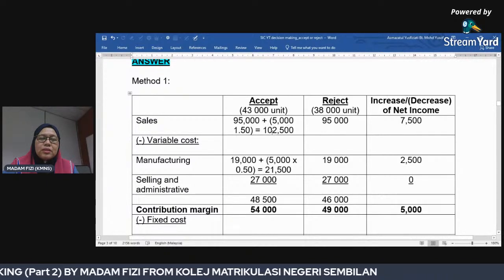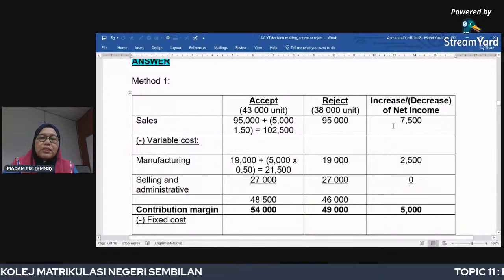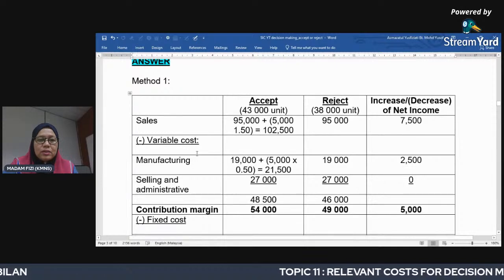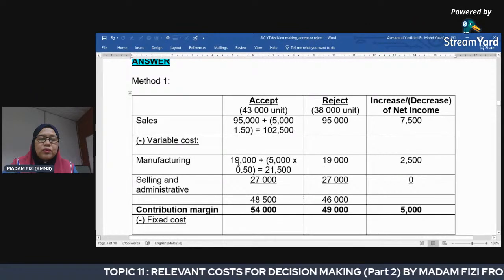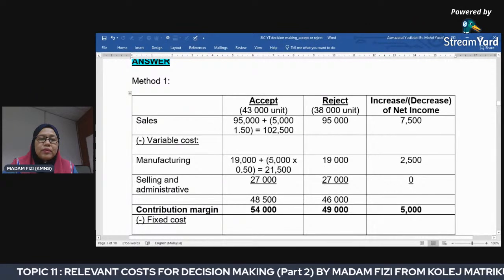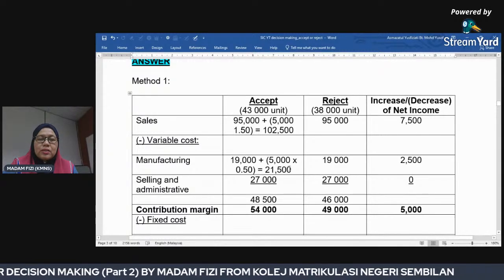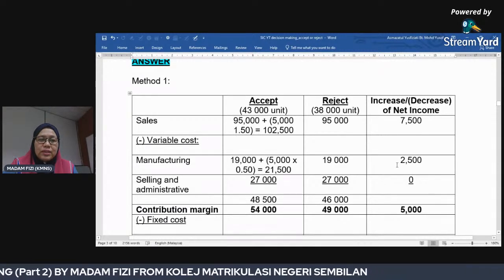So the sales is 102,500. So the difference is 7,500. And then you calculate the variable cost. For reject is 19,000. For accept plus the 5,000 times 50 cents, so you get 21,500. So the difference is 2,500.